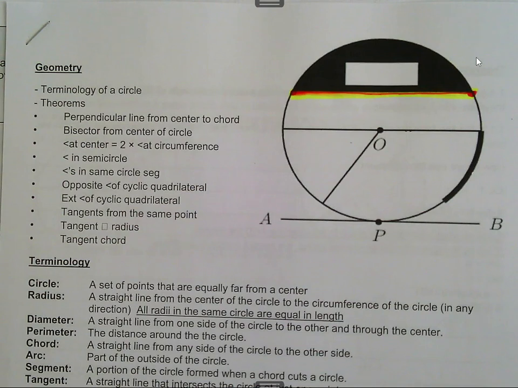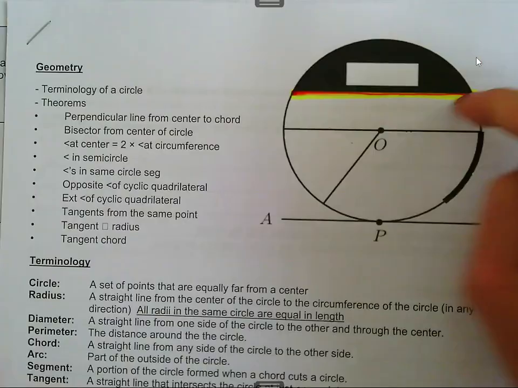Now, very important, when you have a chord, it divides your circle into segments. Alright? So, when I look at that line there, that chord has created two segments of the circle.